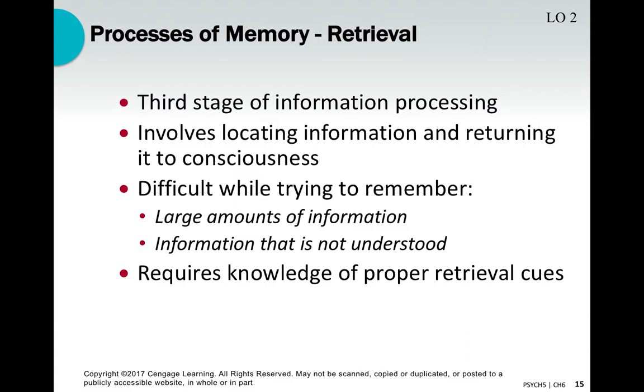There's a rule of thumb of 7 plus or minus 2 bits of information. There's a reason why phone numbers are typically 7 digits, if you don't include area codes, because more digits would exceed the average person's memory capacity.